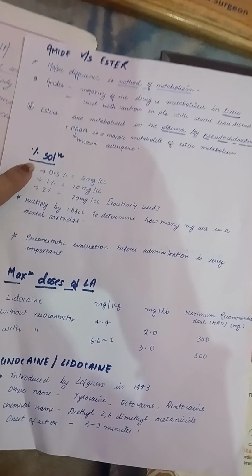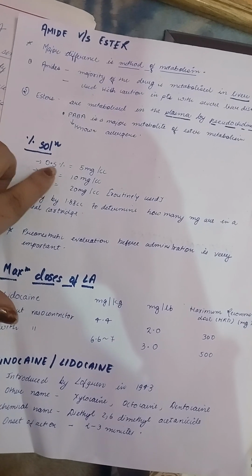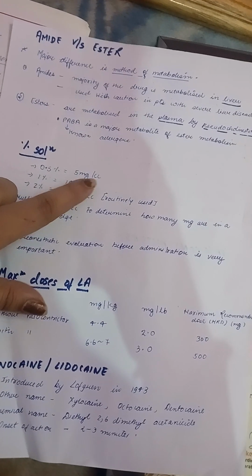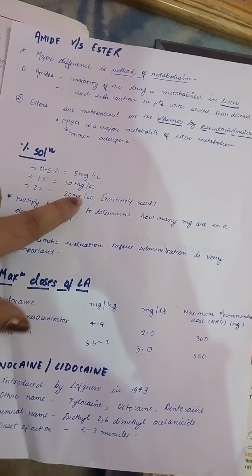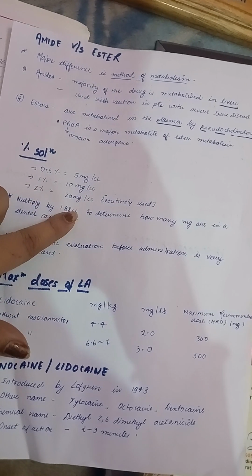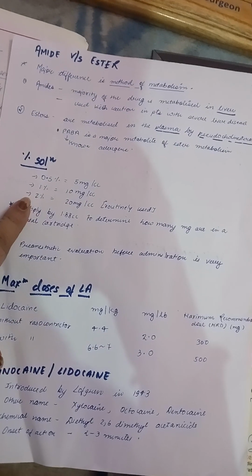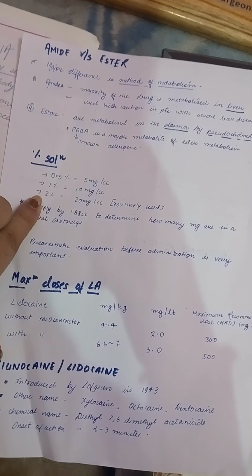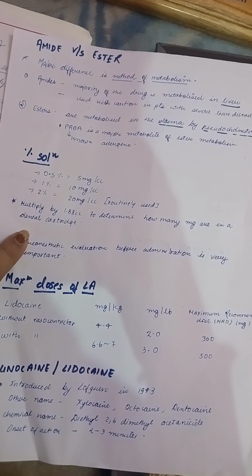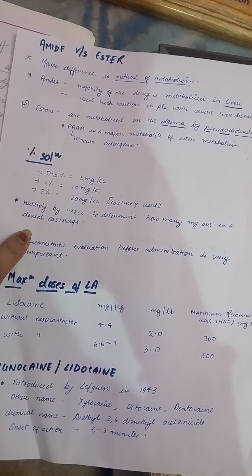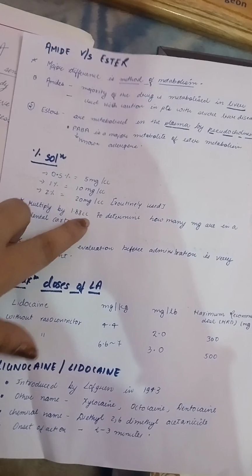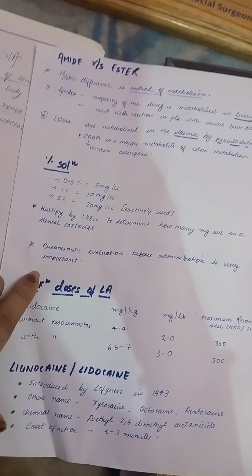Okay. Now solution. 0.5% means 5 mg per cc, 1% means 10 mg per cc, 2% means 20 mg per cc. This is routinely used as we have seen in the previous class in the composition. Now, for how many mg we have, we should multiply by 1.8 cc. This is approximate.